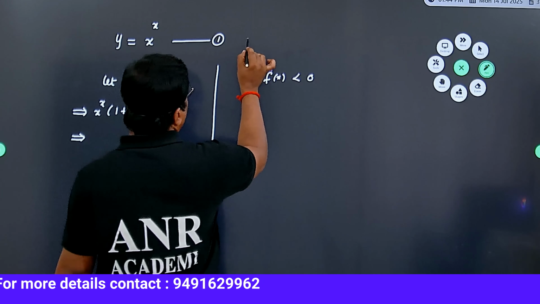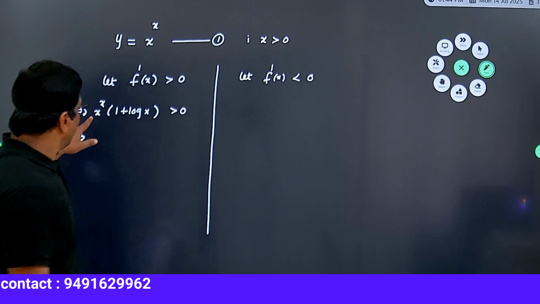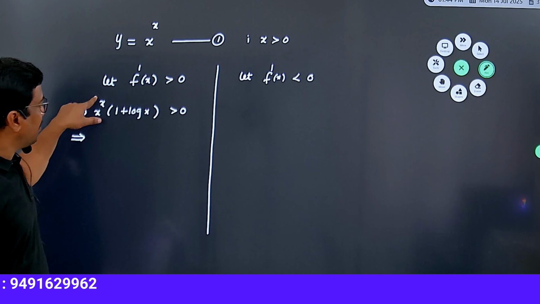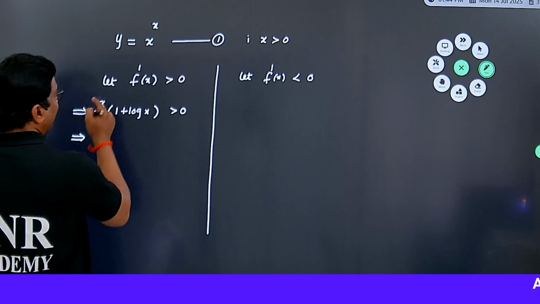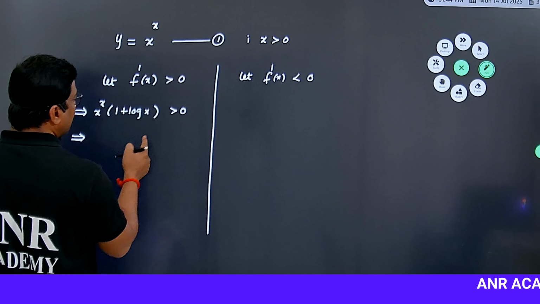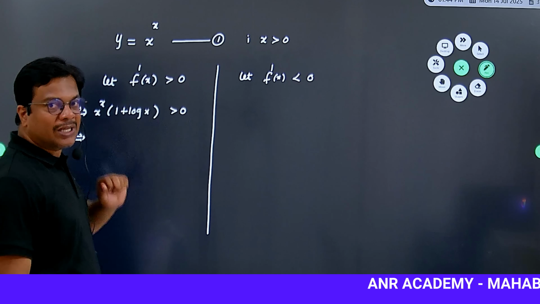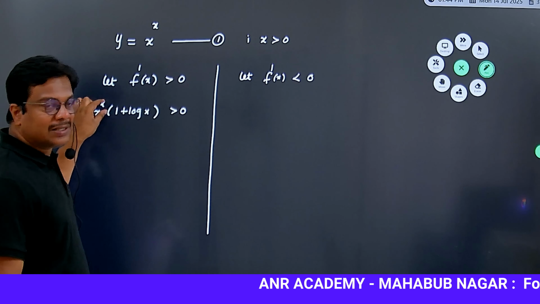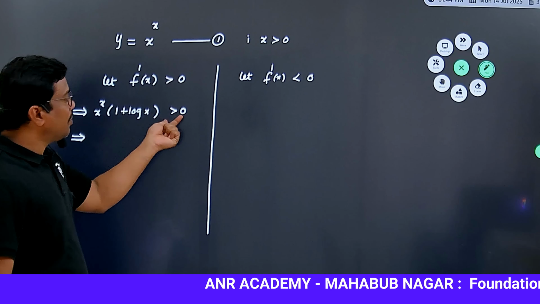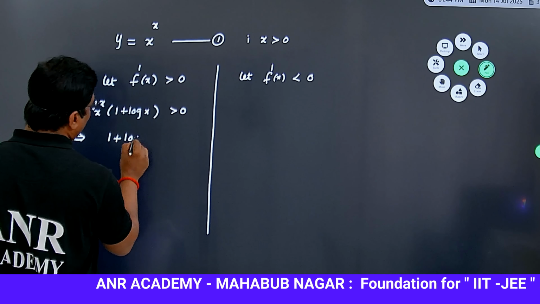Since here it is defined for all x more than 0, the base is more than 0 and the exponent is also more than 0, therefore x power x is positive. The product of x power x and 1 plus log x should be more than 0. Already the first quantity is positive, which implies the product is positive whenever 1 plus log x is also positive.